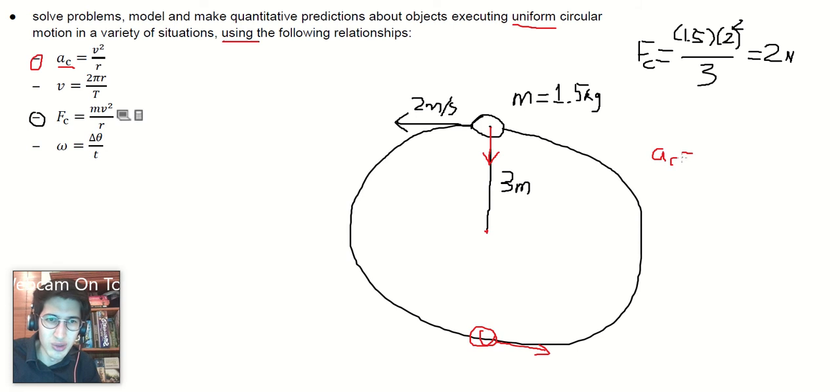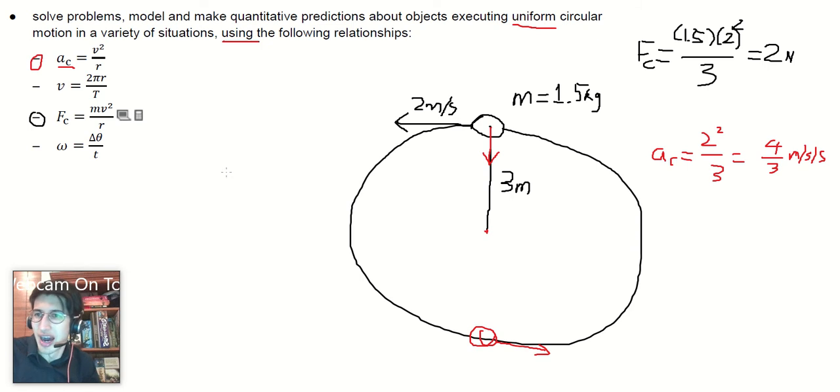AC equals V squared, so that is 2 squared over R. R in this case is 3. And I don't have my calculator on me, so I'm just going to leave it as 4/3 meters per second. And you've got to get that extra per second in there for acceleration.